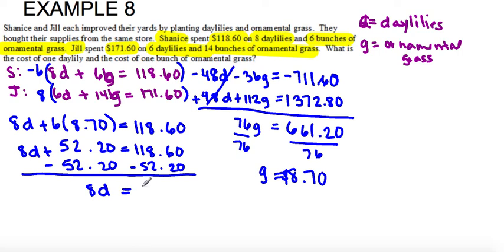So I get 66.4, and I have to get D by itself, so divide by 8 on both sides. And then D equals $8.30 for daylilies. So those are my two answers.